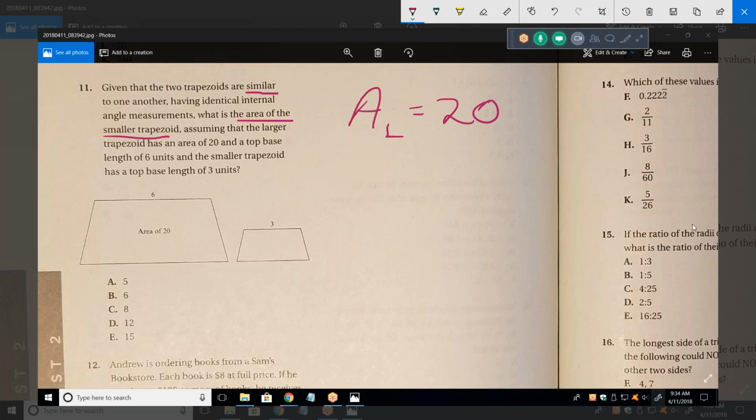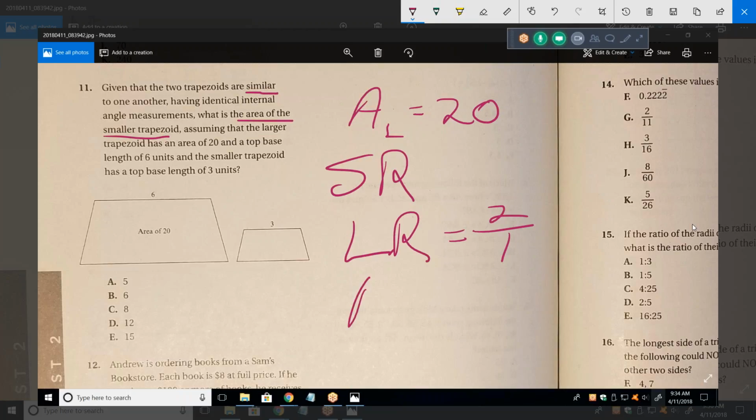So, what's the similarity ratio? 2. Correct. The similarity ratio, also called the linear ratio, is 2 to 1, big to small.